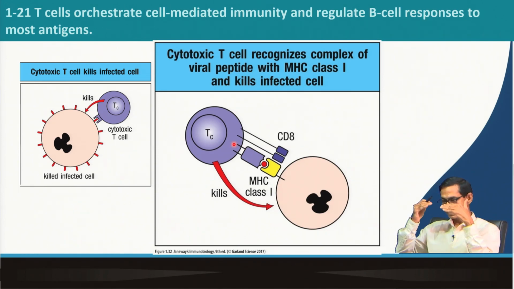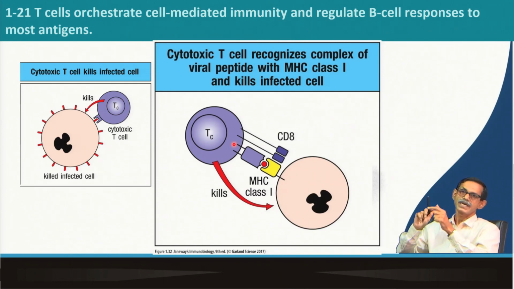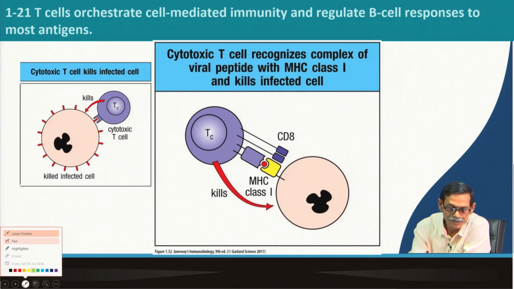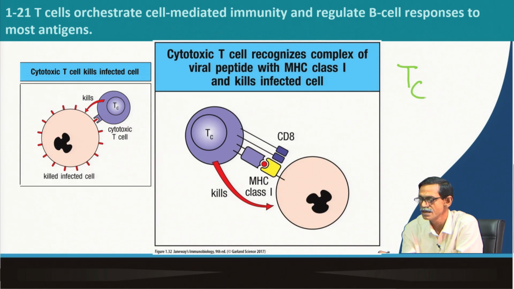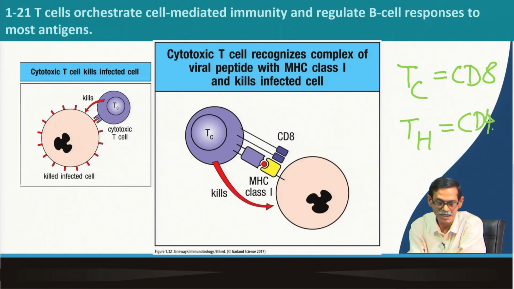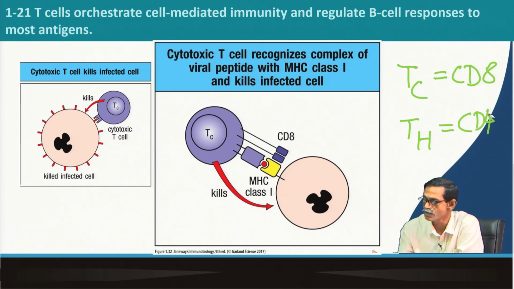I am just summarizing one thing to remind you, and I will tell you many times, but again, there are two types of T cells. One is cytotoxic T cell, another is helper T cell. Cytotoxic T cell has CD8 and helper cell has CD4.